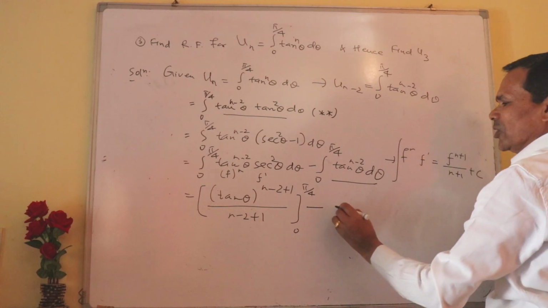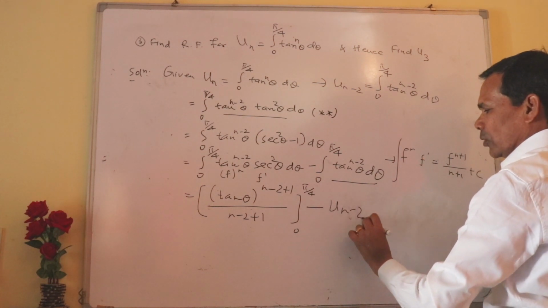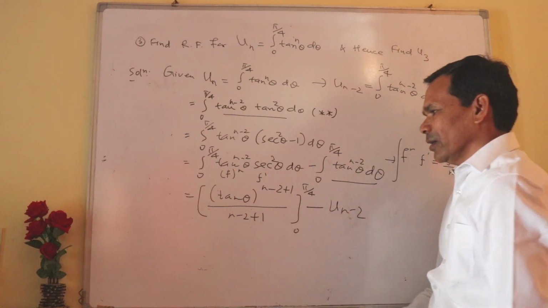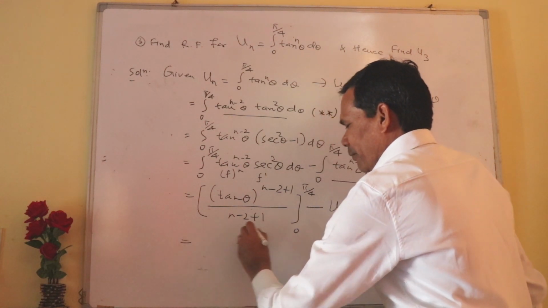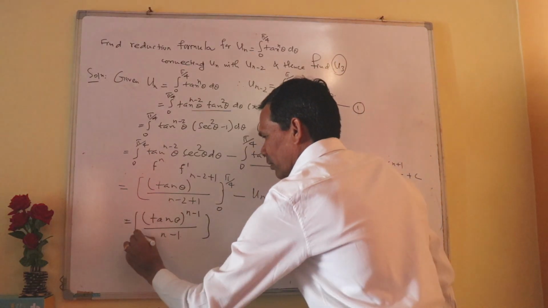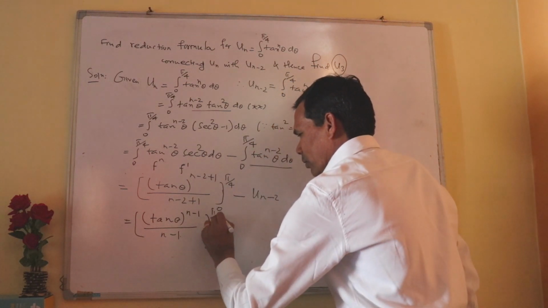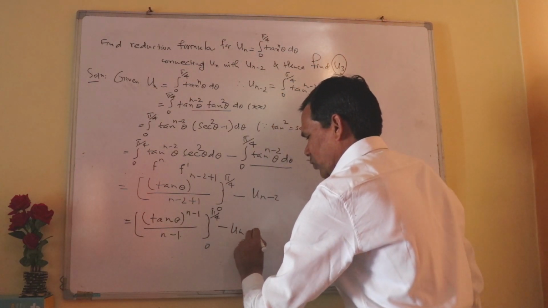So I can replace this for un minus 2, and this would be limits applied 0 to pi by 4 minus un minus 2.